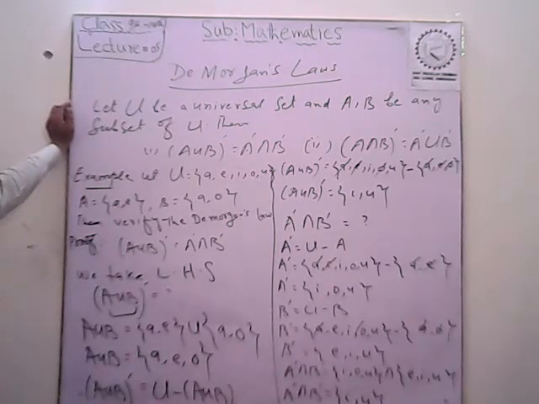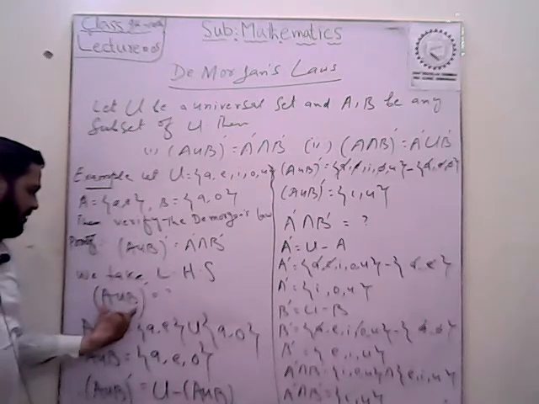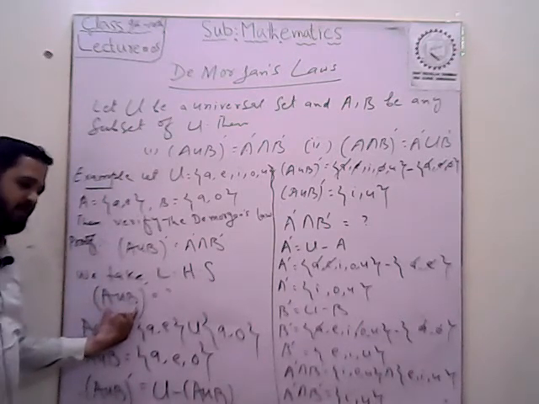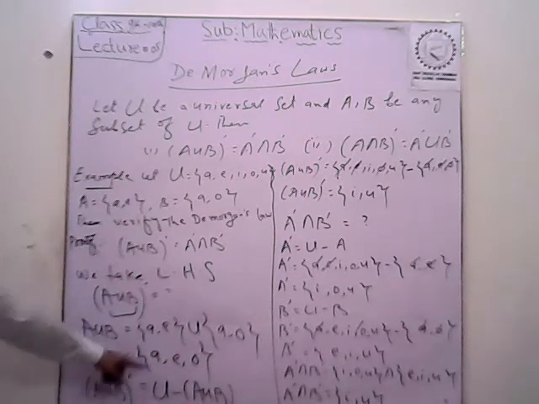Now (A union B) whole complement. First of all, I want to solve the bracket A union B, then we solve the complement. Now A is equal to {A, E} and B is equal to {A, O}. The union of the two sets, A union B, is equal to {A, E, O}.